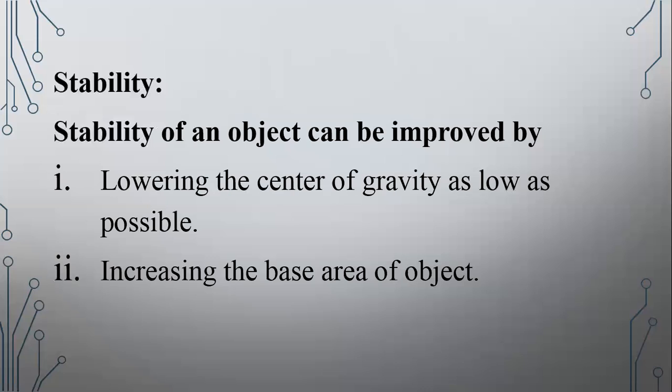So these are 2 factors which can help to increase or improve the stability of an object. कि center of gravity को मुमकिन बनाया जाए कि it is as low as possible. And second is increasing the base area of object.